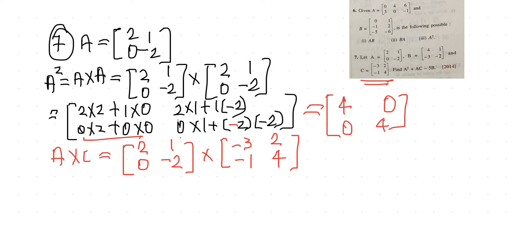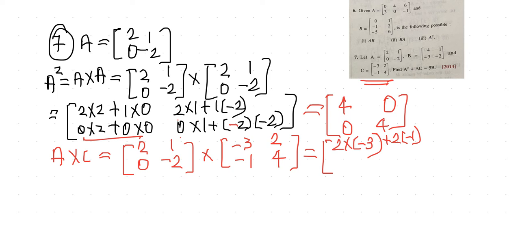And now what you will be writing down, see, just multiply both of them. So upon multiplication you will be getting what? You will be getting here 2 into minus 3, plus 2 into minus 1. Then here what you will be getting?